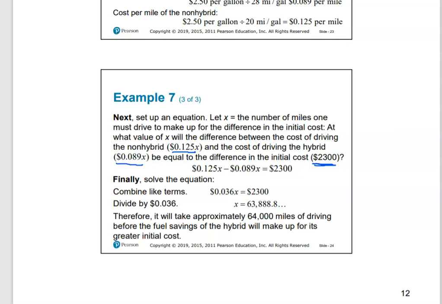So we're going to subtract these two things. 0.125 minus 0.089 gets us 0.036 times x equals 2,300. And then to get this next thing, we're going to need to divide both sides by 0.036. And that's how they're coming up with this 63,888.88. Therefore, it will take approximately 64,000, when we round, 64,000 miles of driving before the fuel cost of the hybrid will make up for its greater initial cost.